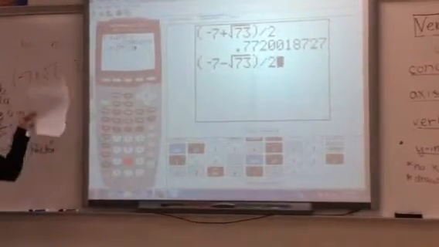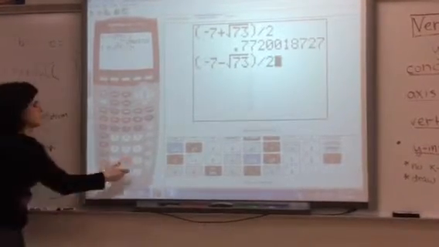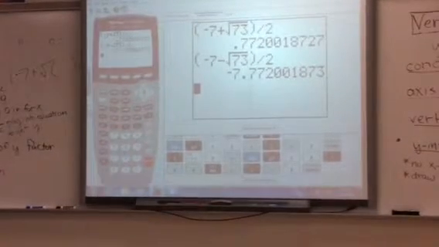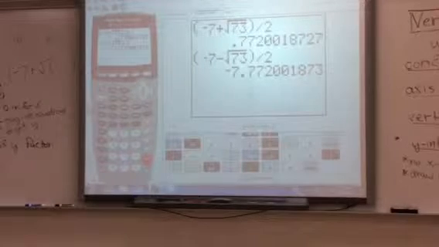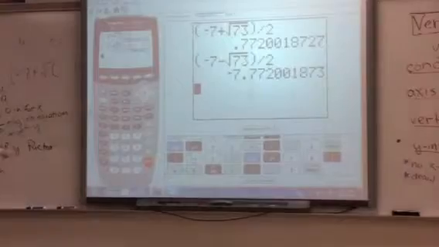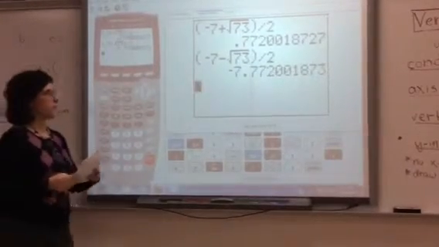If yours is the older kind of calculator, put the double set of parentheses. Then push enter. Are you guys getting -7.77 and so on? Go ahead and put that in your notebook. That's what the other one equals.